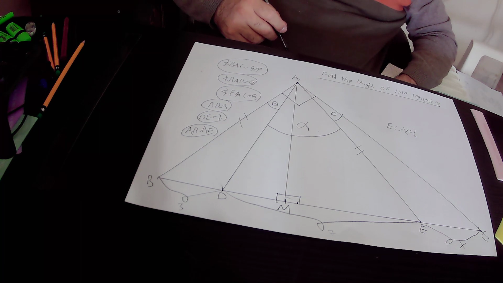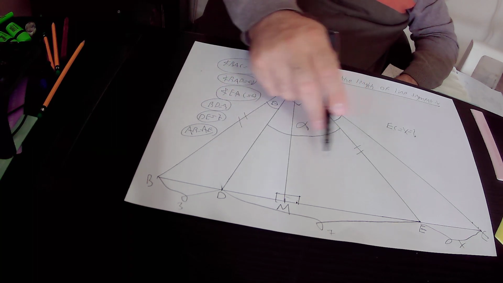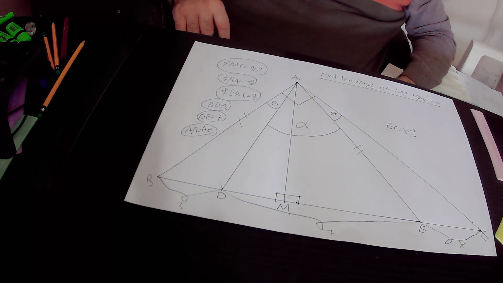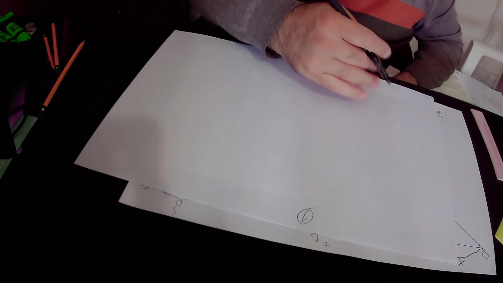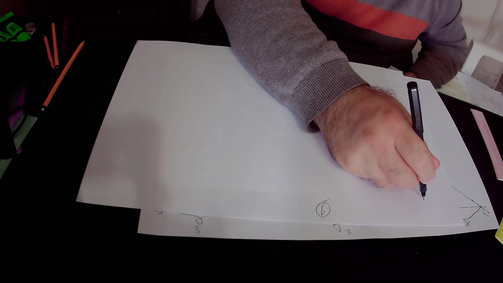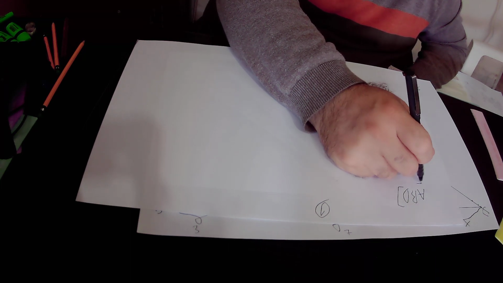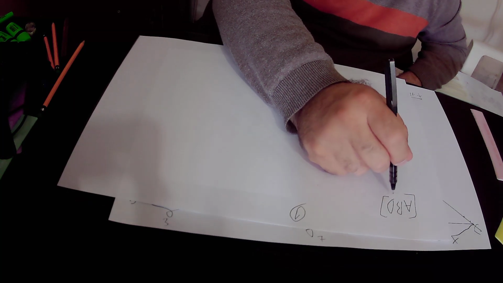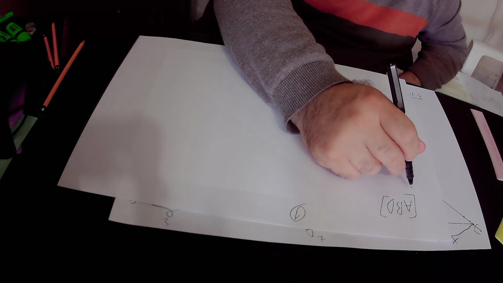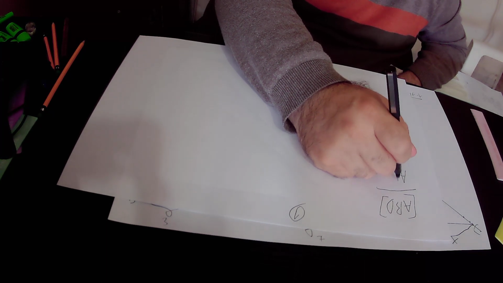So we find the ratio between the area of triangle ABD over the area of triangle ADE. Here the squared brackets are the sign for the area. It means the area of triangle ABD over the area of triangle AED.